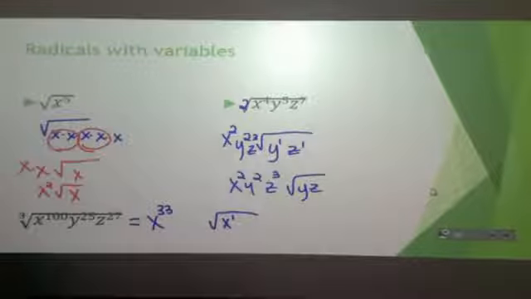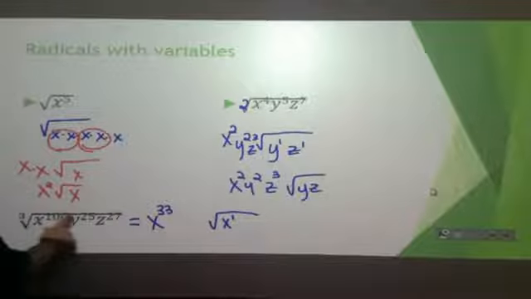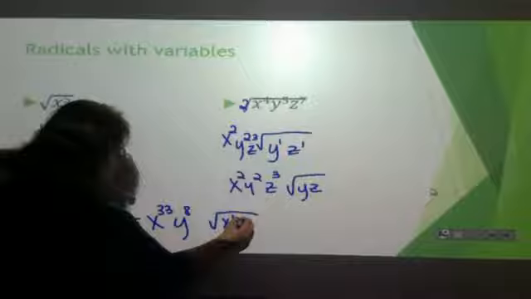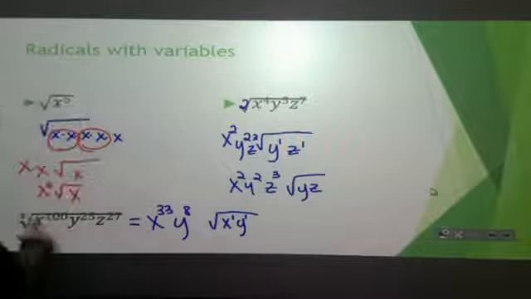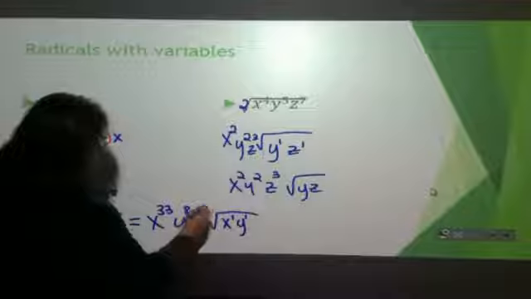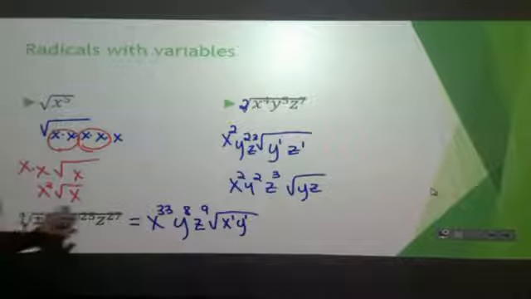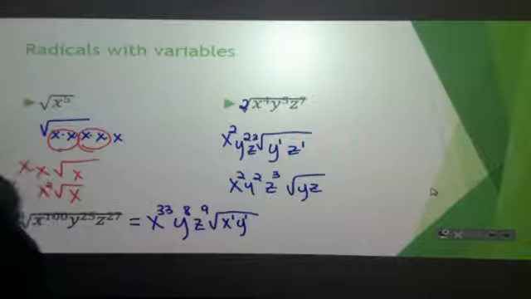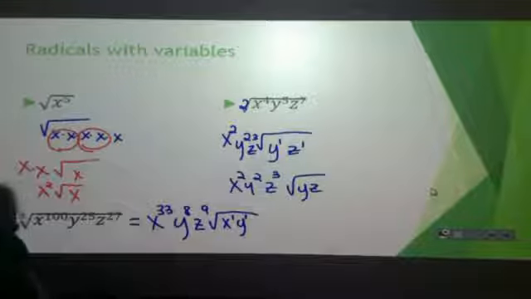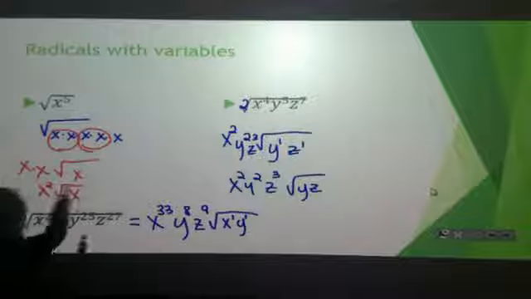You sure wouldn't want to divide 100 x's. 3 goes into 25 8 times with 1 left over. 3 goes into 27, nice and even, so there are no z's left over to stay on the inside. And this trick that we're doing here works no matter whether it's a cube root, 4th root, 5th root, doesn't matter.